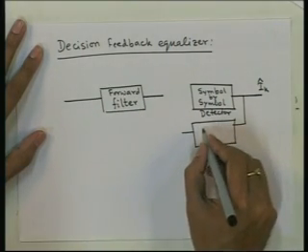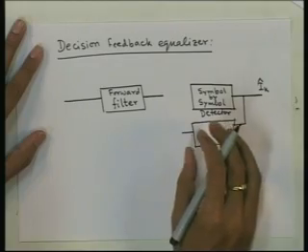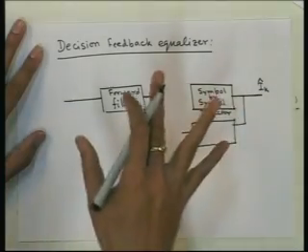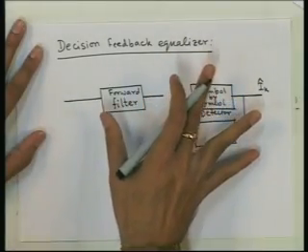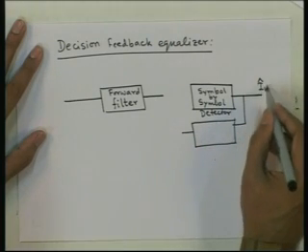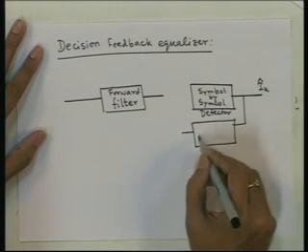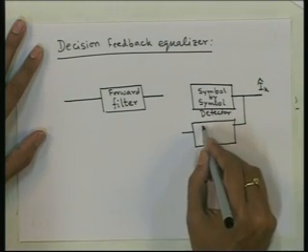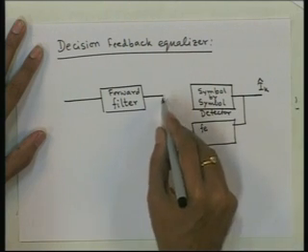So, how to design these filters exactly we will consider now. But what we want to put here is that the fundamental structure of the equalizer is that from this signal we will pass it through a filter and then subtract it from this signal.